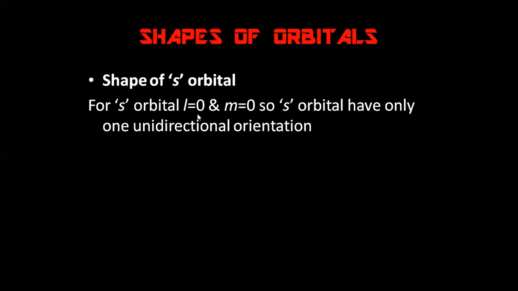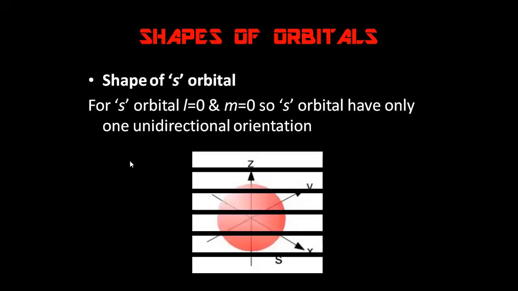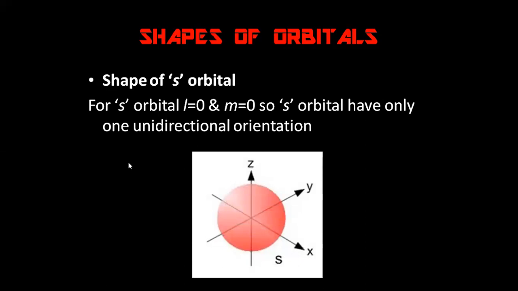So for L equal to 0, M is equal to 0, and the s orbital has only one unidirectional orientation. That means the s orbital will be of only one type. That will be the shape of the s orbital. It will be spherical in shape, as you can clearly see on this screen. So whenever anyone asks you what is the shape of s orbital, it is spherical.